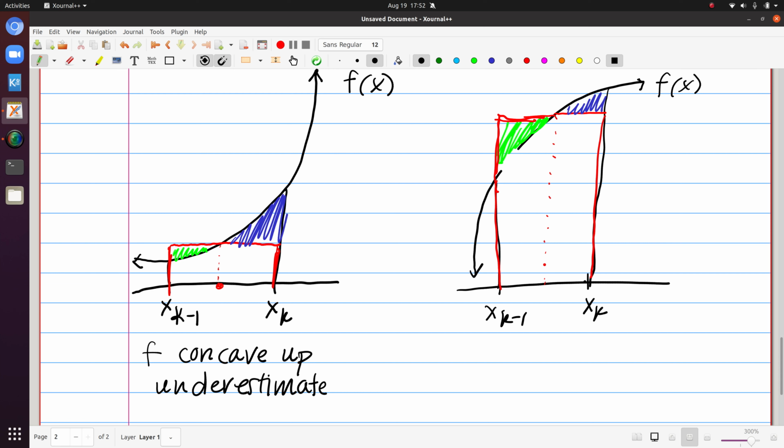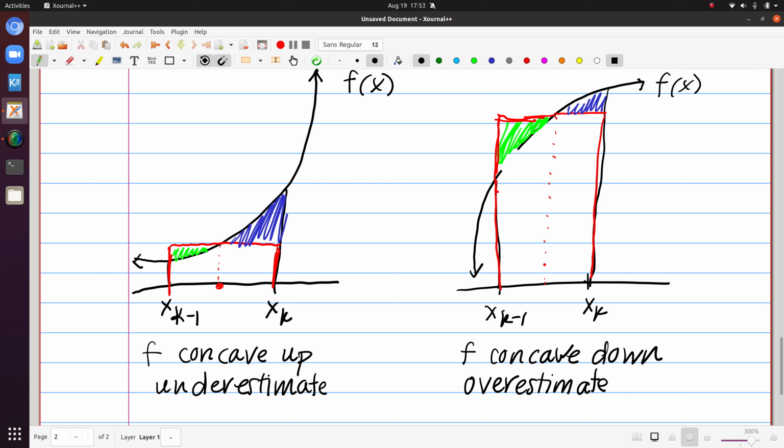In this instance, there's more green or extra area under the rectangle than there is blue. And this is when we have a concave down function. It does not matter if it's increasing or decreasing. And the reason we know that we didn't just get lucky with our picture is to think about what the second derivative tells us here.